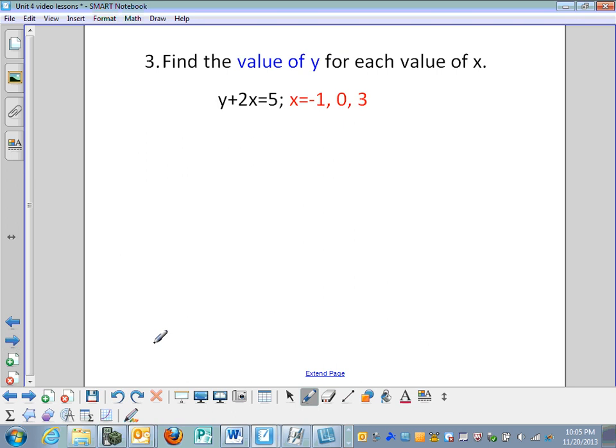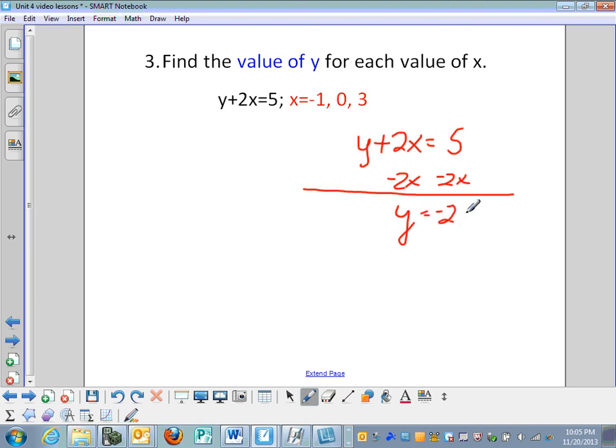Find the value of y for each value of x. We're just going to substitute this in. You certainly could substitute it in this form, but why don't we go ahead and solve for y. We just need to subtract 2x on both sides, so y equals negative 2x plus 5.